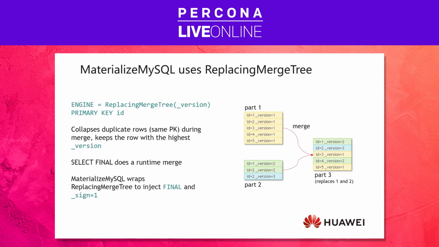So we always use the newest version of any given primary key. And during the merge, where the merge tree table would simply concatenate all the rows from part 1 and part 2, in this case, we only keep 1 row for each primary key value, and we keep the one with the highest version.